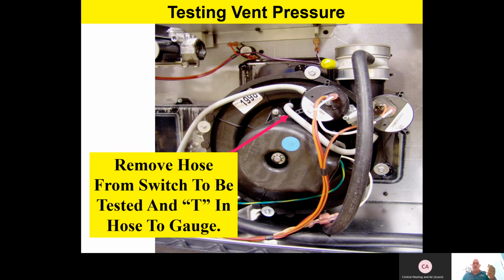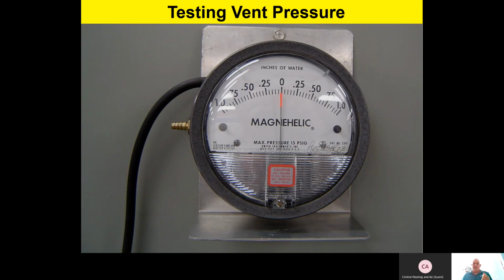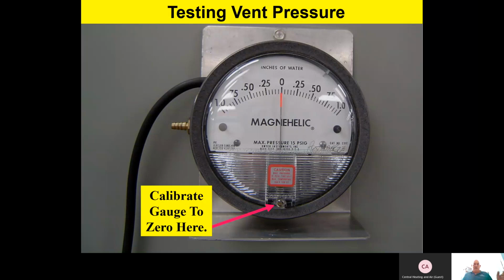So you're going to remove that hose from the pressure switch you're going to be testing, and you're going to tee it in, and you're going to take the other side of that tee over to your MagnaHelic or your digital manometer. You're going to bring that hose in and hook it up to that digital manometer or MagnaHelic gauge.